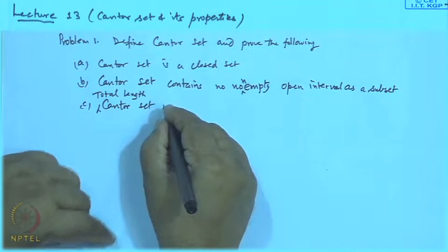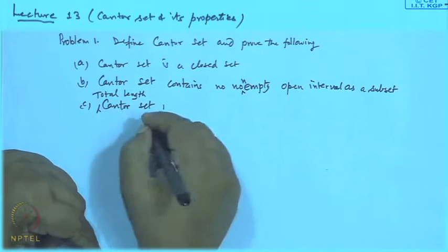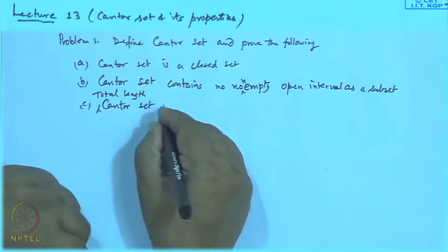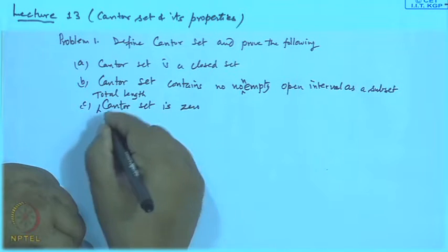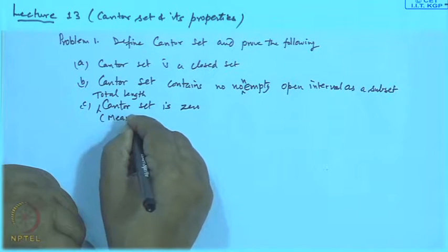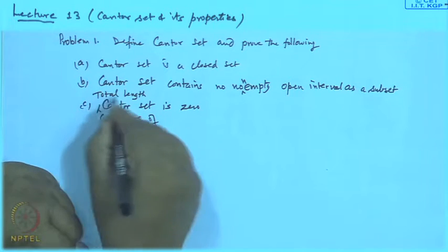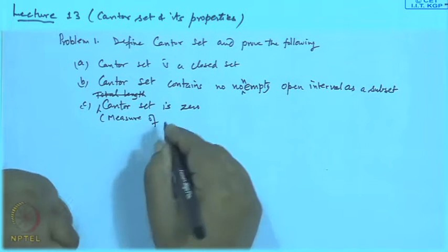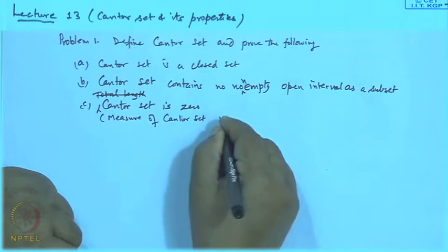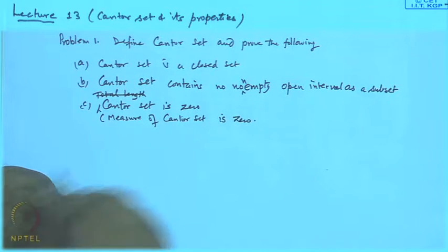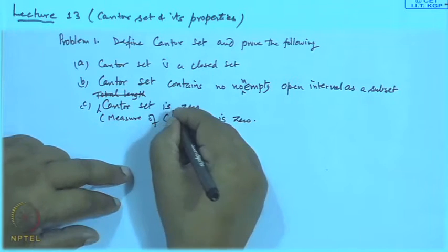In fact, the measure of the Cantor set is 0. We want to show this: instead of saying total length, we will just say the measure of the Cantor set is 0. The Cantor set has length 0.